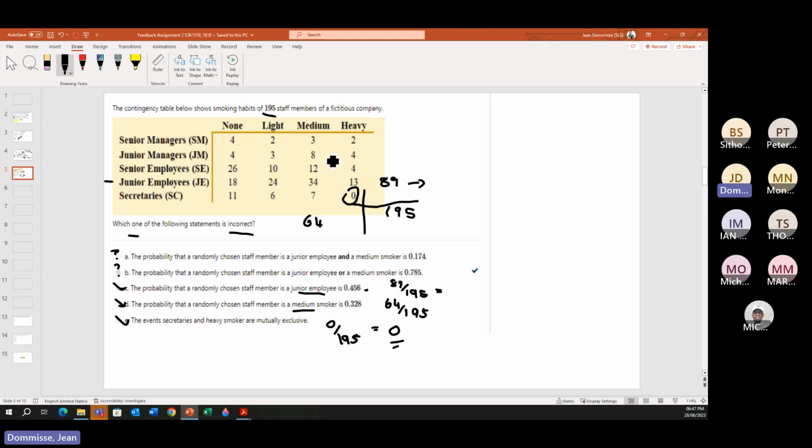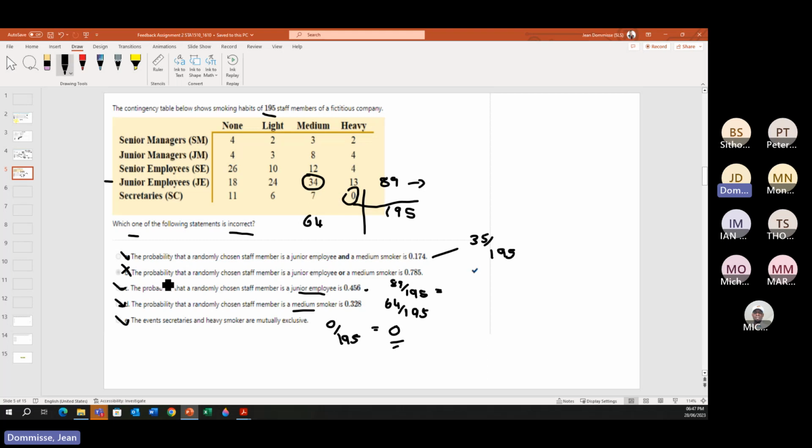Junior and a medium smoker is 35 divided by 195. And that is also correct. So then we're only sitting with option B, which must be incorrect, but let's look at it as well.